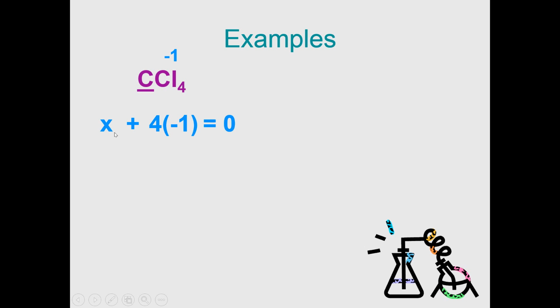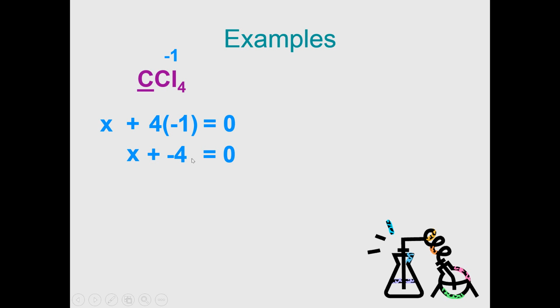Okay, so this is our equation, and we're just going to use some algebra to help us determine the oxidation number for carbon. Now, I've worked out every single one of these examples showing you the algebra step by step, so if you're weak in algebra, this would hopefully help you understand the steps a little bit better. So first I'm going to simplify my equation a little bit. I'm going to multiply these two things together, 4 times -1, and I get -4.